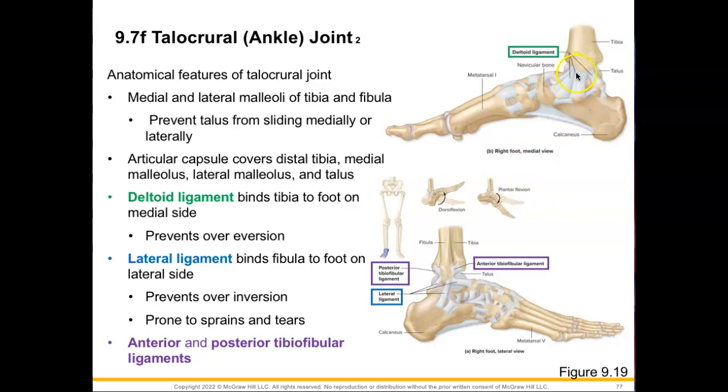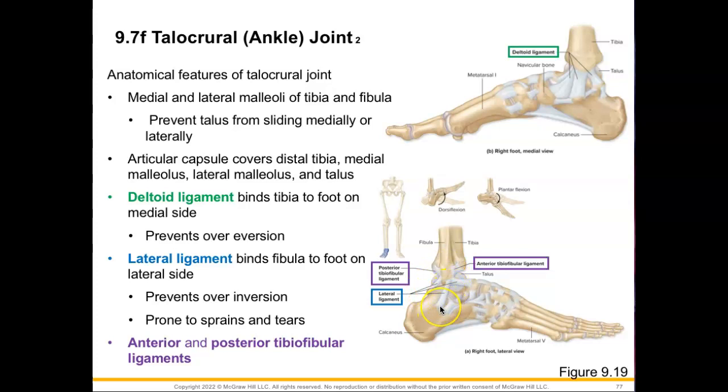We have this deltoid ligament here where we have those three extensions off that are binding the tibia to the foot on this medial side. And we have it working to prevent over-eversion of our foot. Remember, that was when we took the lateral side of our foot and pulled it up superiorly. Then we have our lateral ligament over here, here, and here, where it's binding the fibula to the lateral side of the foot.